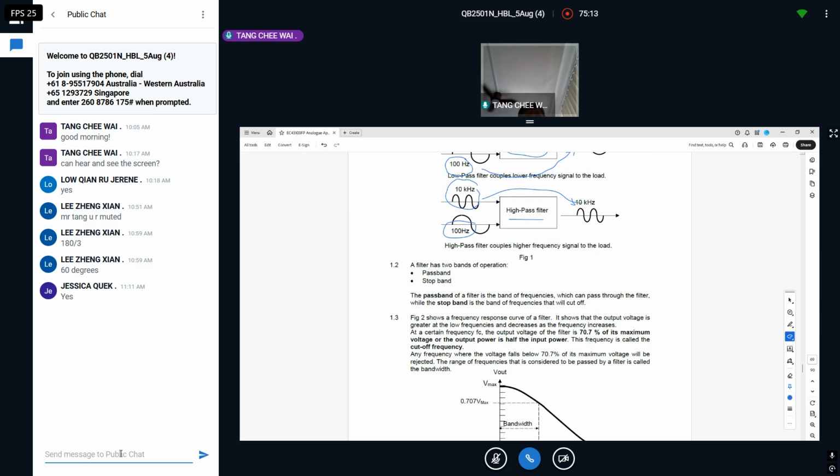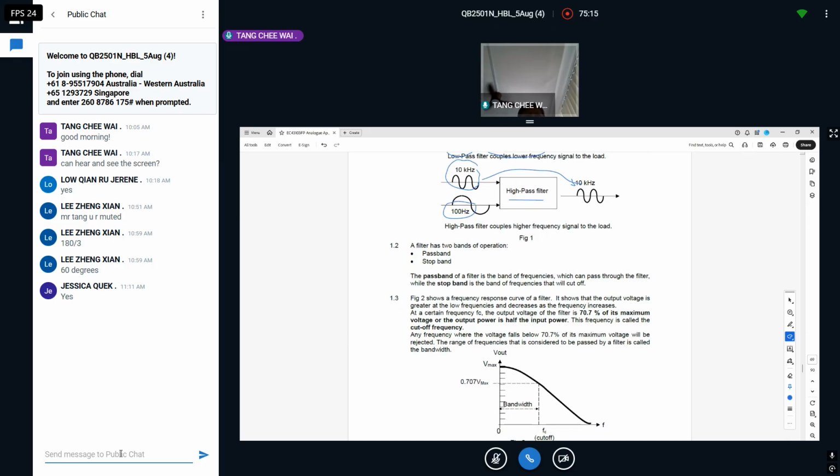Okay, here we move on and they mention that the filter has two bands of operation. They call them pass band and stop band. Actually this is self-explanatory, because pass band means the particular band of frequency is allowed to go through, and stop band means the particular band of frequency is being stopped. So in other words, these two are the opposite of each other.